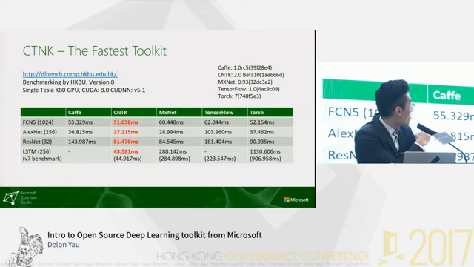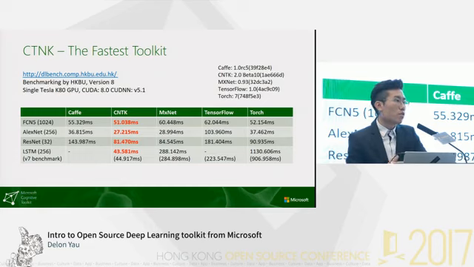These are the 4 benchmarks they used to calculate the processing speed. So we are at the shortest processing times in terms of dealing with deep learning projects.